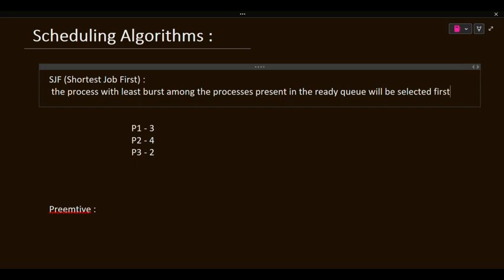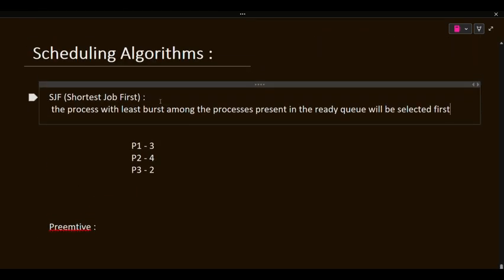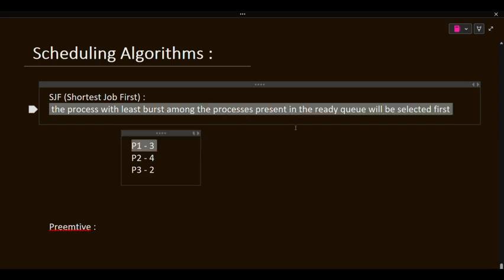The moment a process is selected, it will keep on executing until a process with a lesser burst time than the current process arrives. This is how the algorithm works.